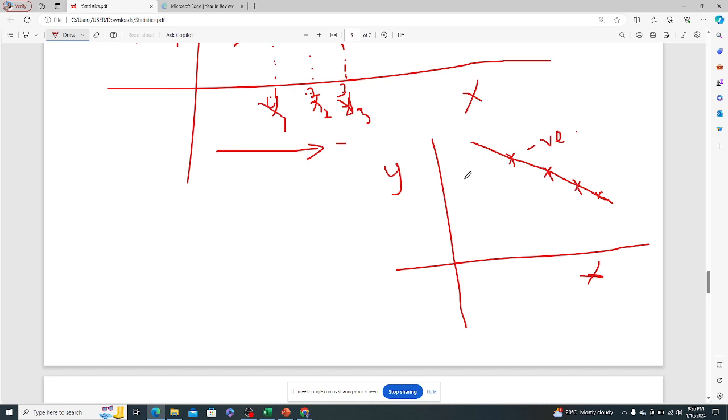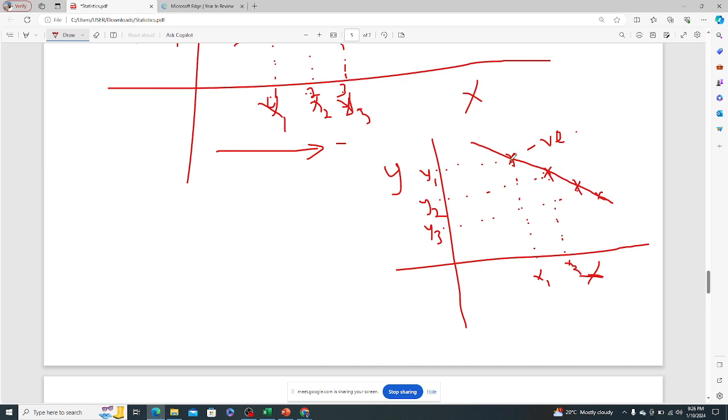Why? Because let's assume we have this value of y1, this is y2, and this is y3. We have this one, say x1, and this one x2.